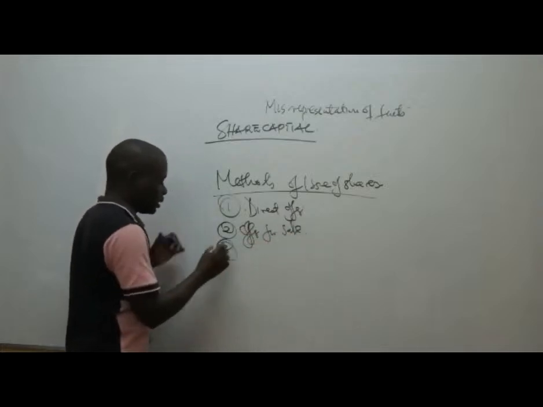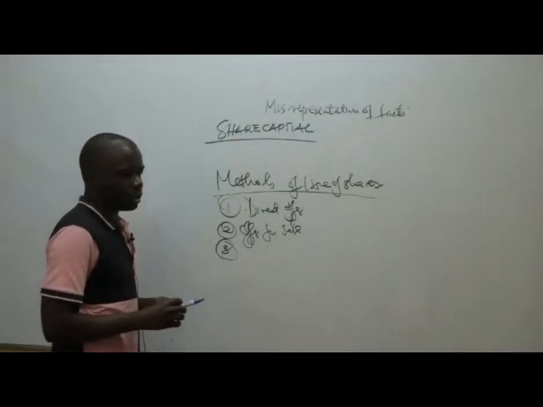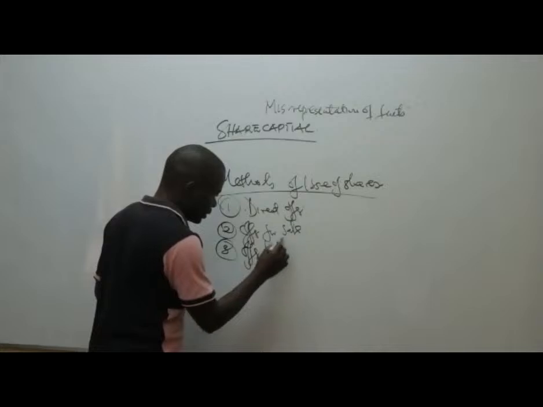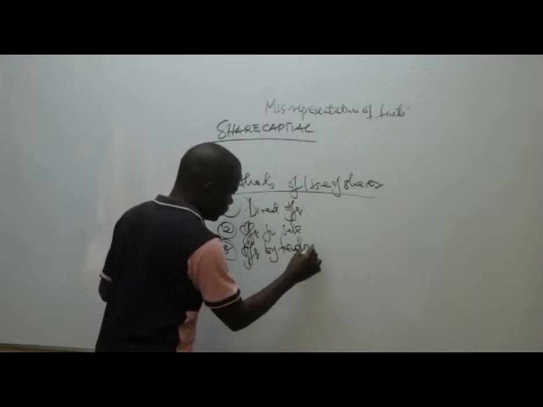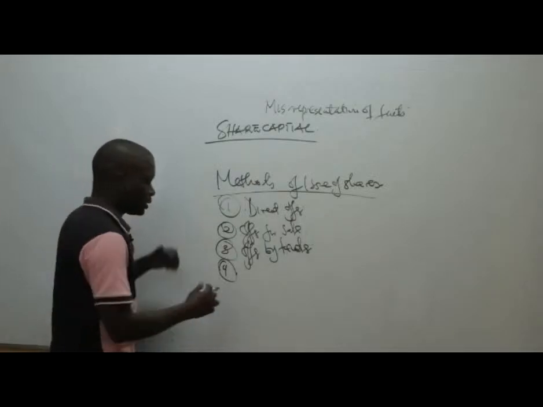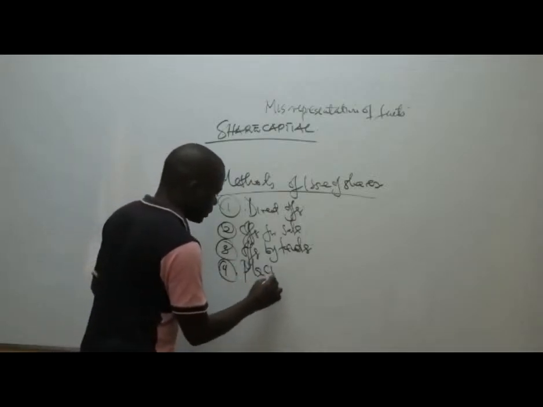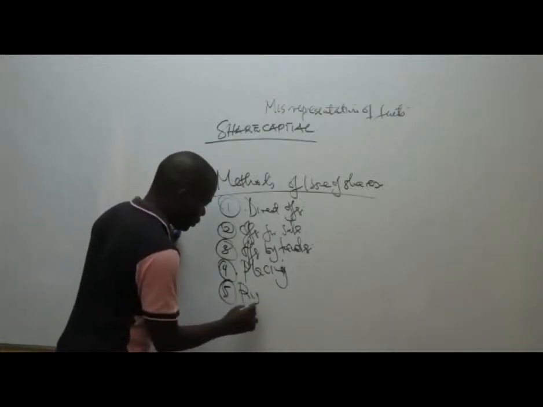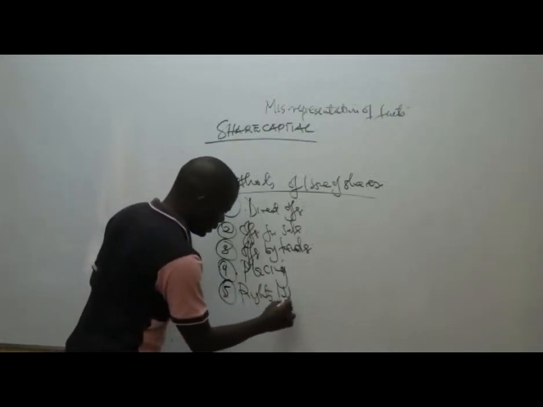Number three, you can have what we call offer by tender. Then number four, we can have what we call placing. Then number five, the company can decide to do what we call a rights issue.